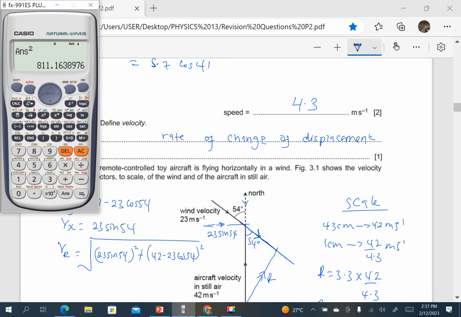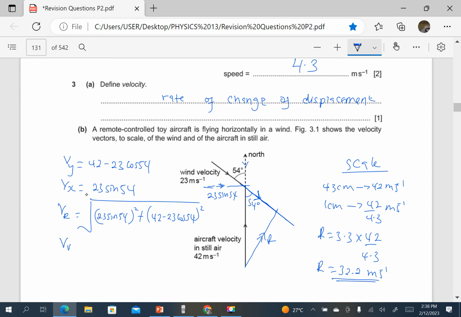Then I square it, then add this to (23 sine 54) squared. Then close the outer bracket, and find the square root of the answer, which is 34. So V resultant is still 34.